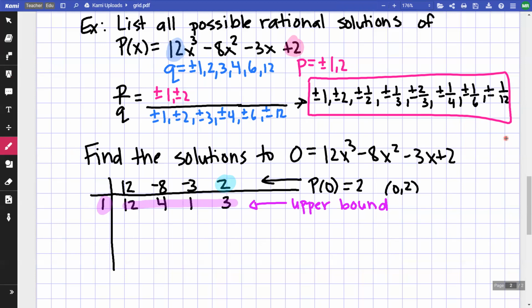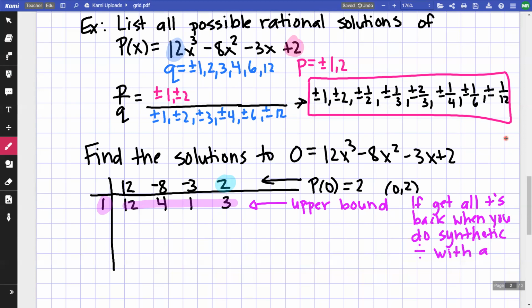So this occurs if you get all positives back when you do synthetic division with a positive number.